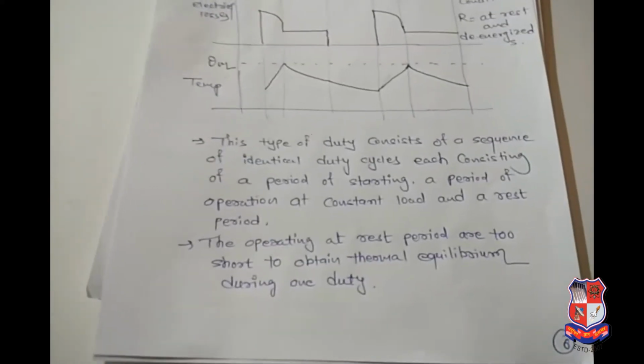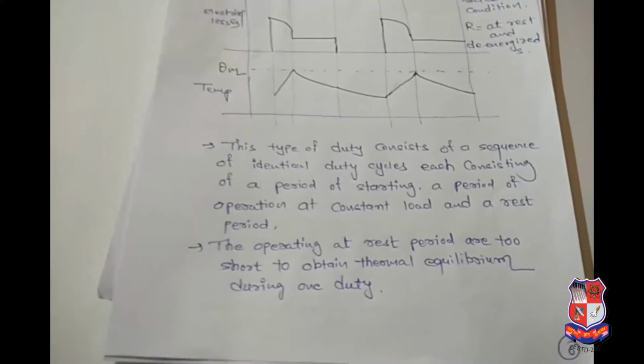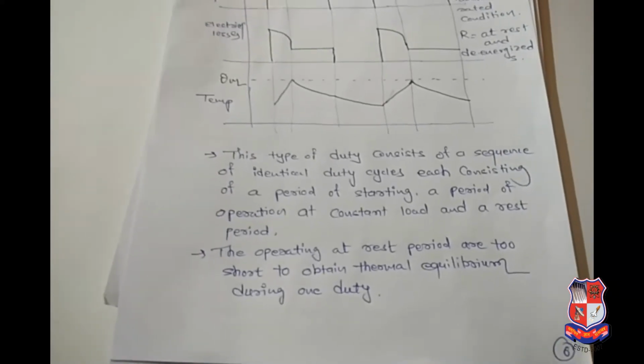The operating and rest periods are too short to obtain thermal equilibrium during one duty cycle. This is known as intermittent periodic duty with starting.